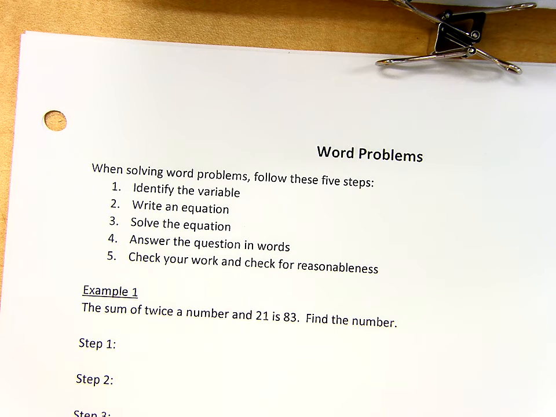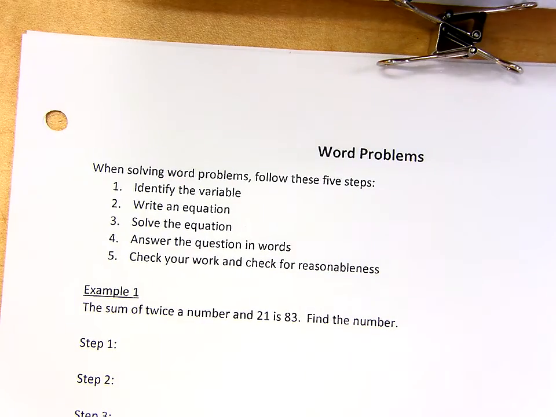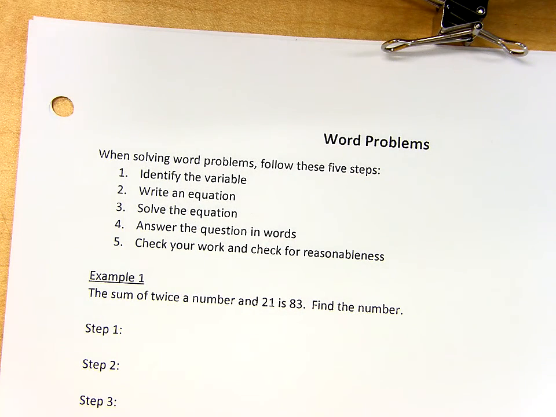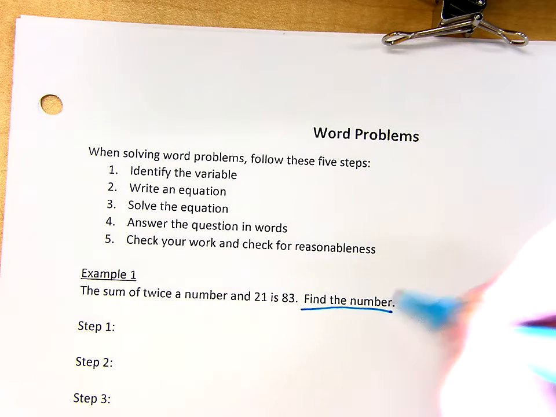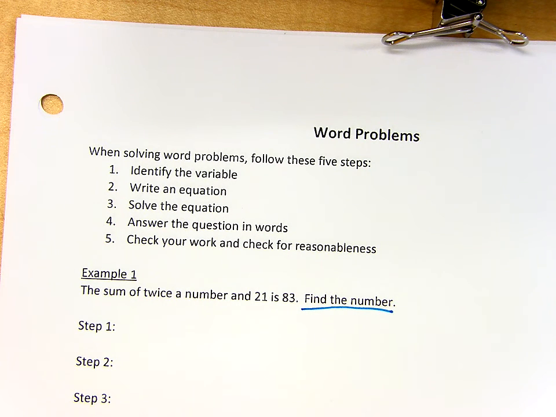Okay? So if we take a look at example 1, the sum of twice a number and 21 is 83. Find the number. So if we go back up to the steps, the very first thing we're supposed to do is identify the variable. Well, I always like to kind of look at the end. It says find the number. That's what I'm going to make my variable, whatever number it is.